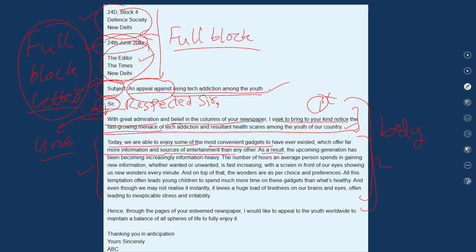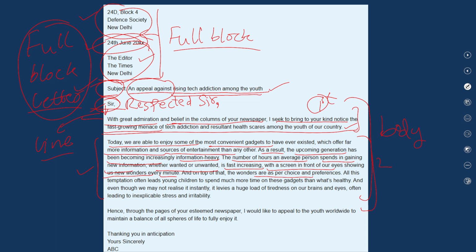As a result, the upcoming generation has been becoming increasingly information heavy. The number of hours an average person spends in gaining new information, whether wanted or unwanted, is fast increasing, with a screen in front of our eyes showing us new wonders every minute. And on top of that, the wonders are as per choice and preferences.